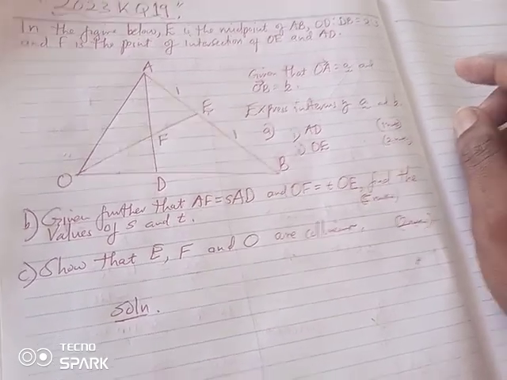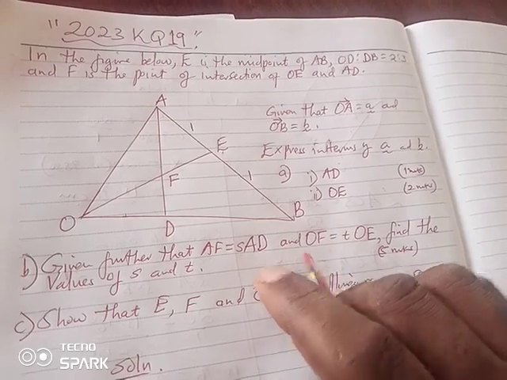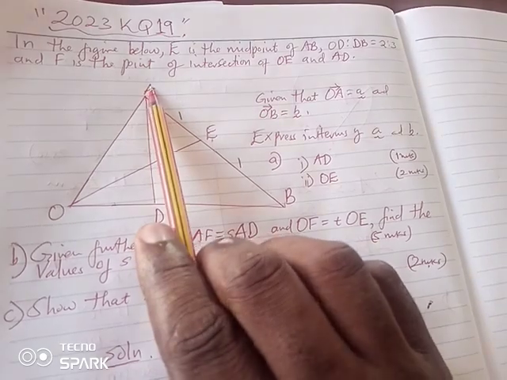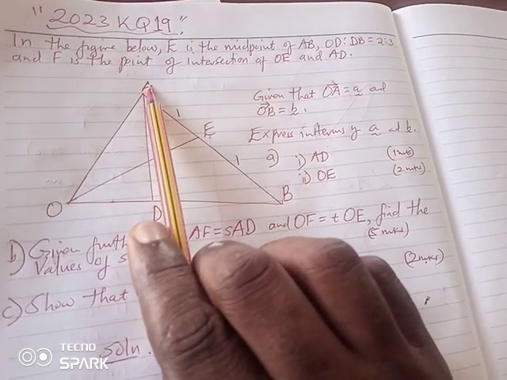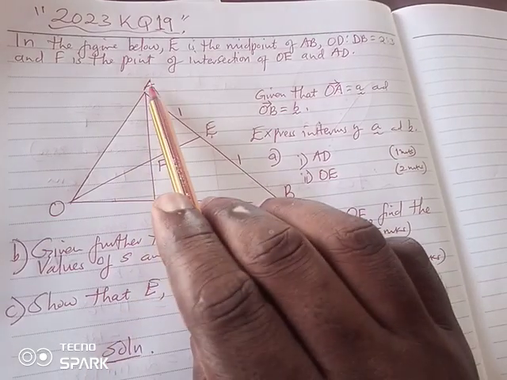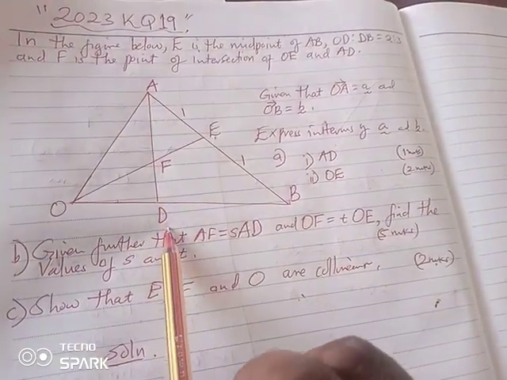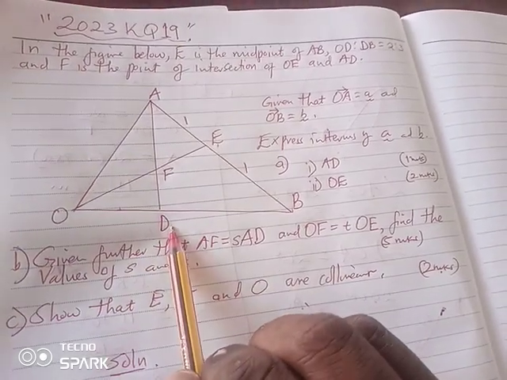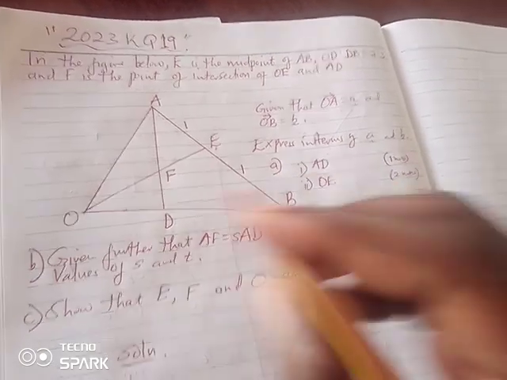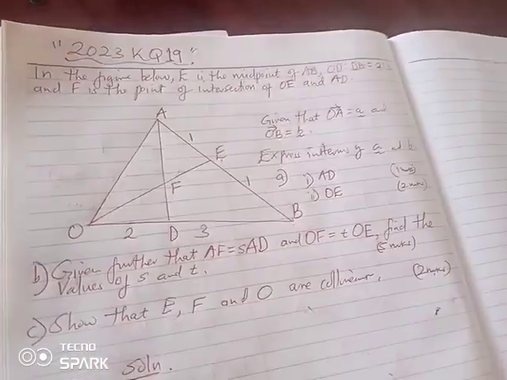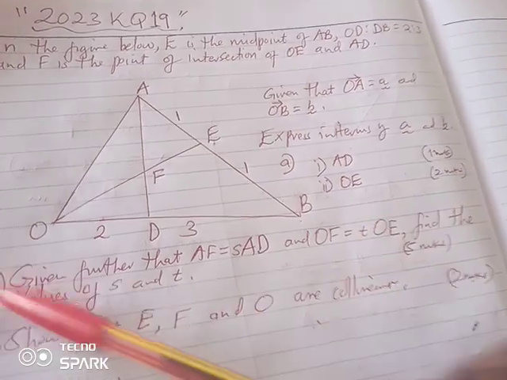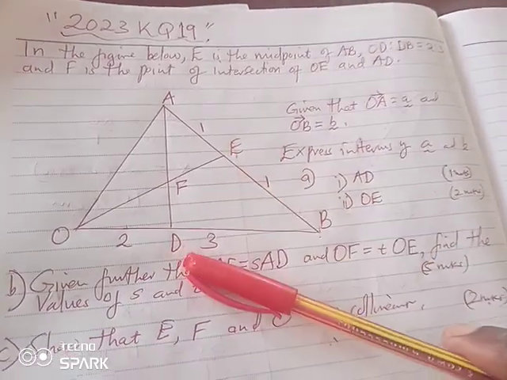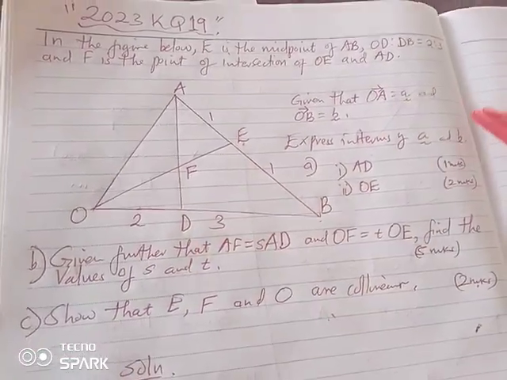Then we are also given another piece of information that OD ratio DB is 2 to 3. So there it is.